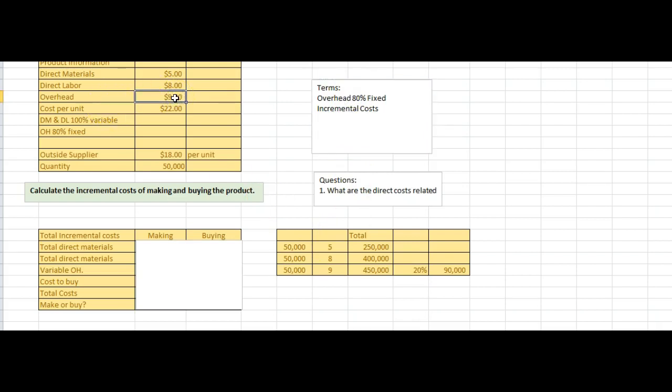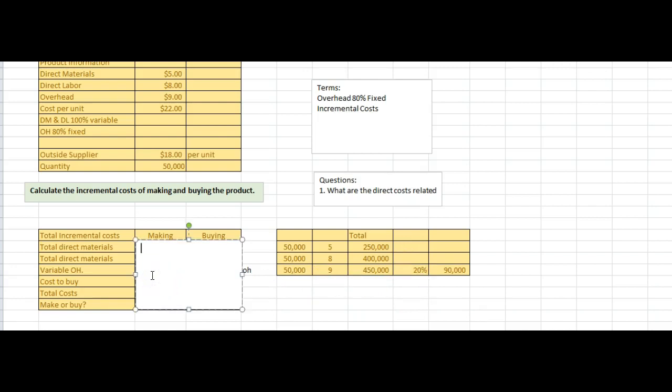So if you look at this, you're going to multiply out your variables per unit: 50,000, 5, 8, and 9. But when you get to the overhead, you're only going to take 20% of that cost for your variable overhead.